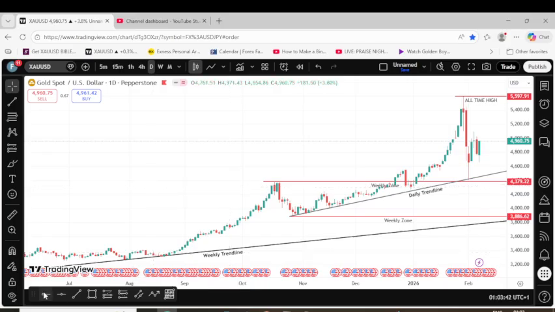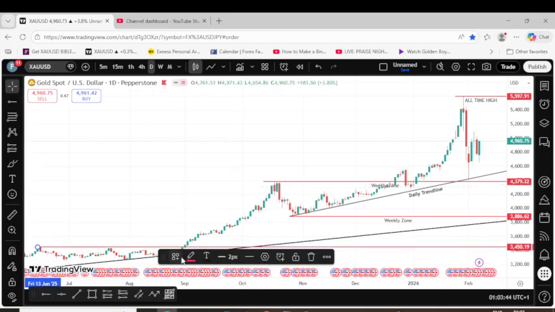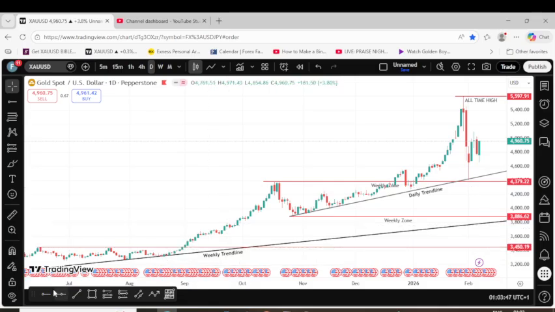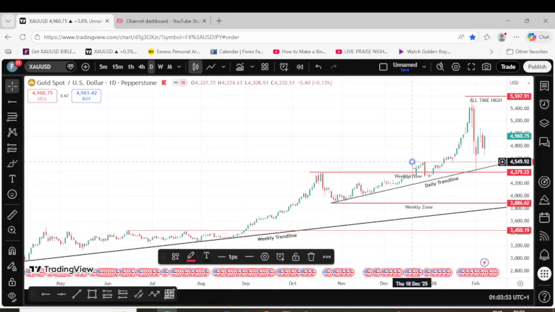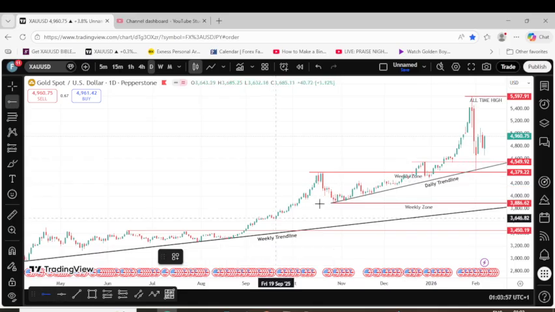So let's identify our zones on the daily time frame because we're currently on the daily time frame. So the next thing for us to do is to identify our zones. There's a zone here. There's a zone here.